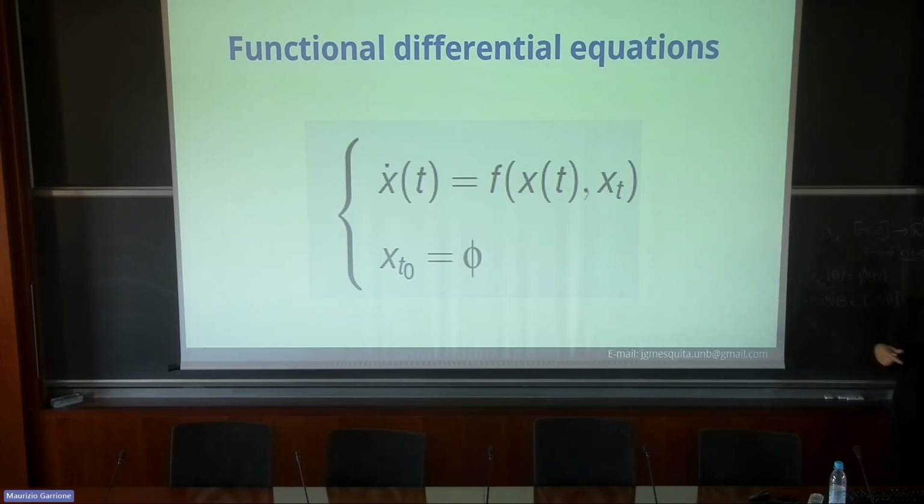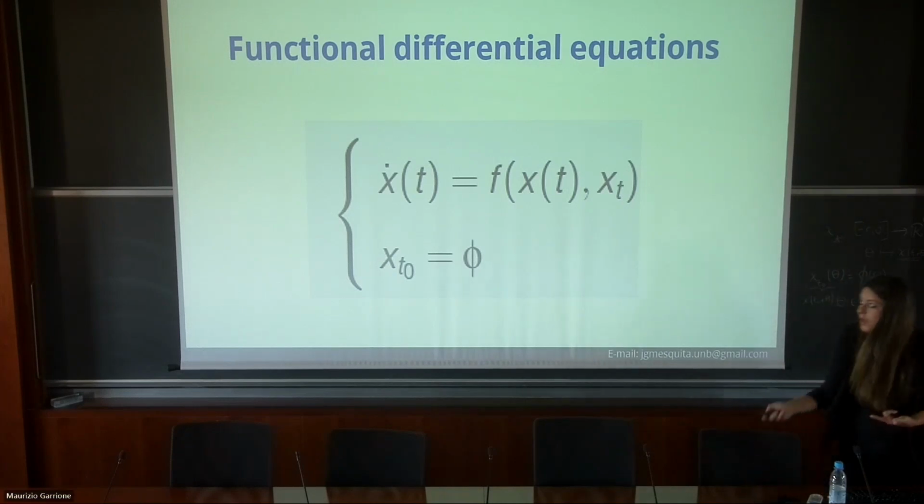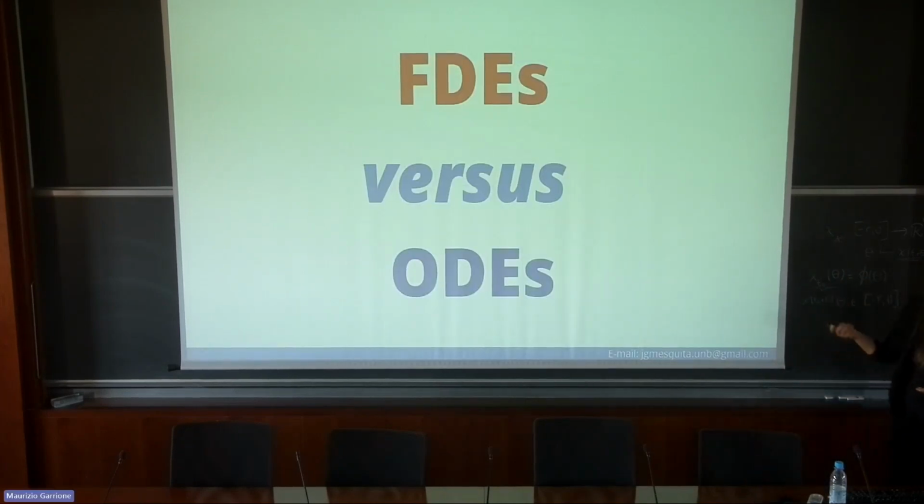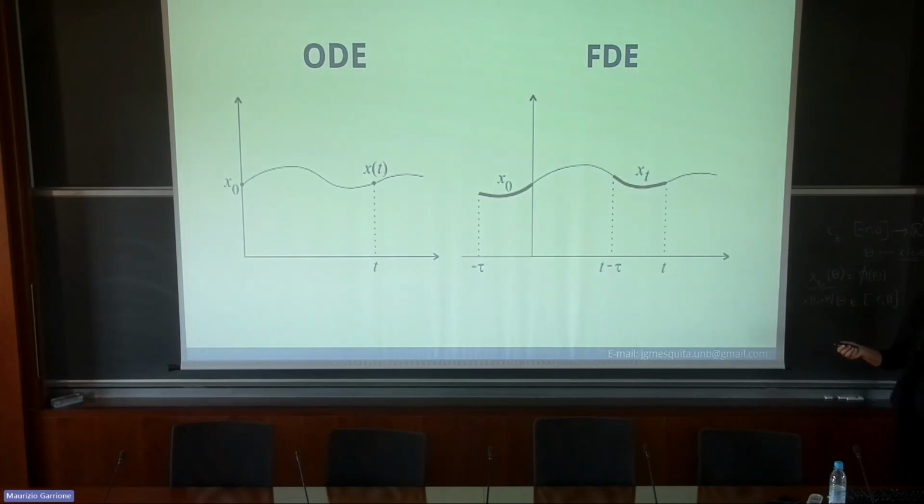It's different from ODEs, where you only need the initial condition and you can calculate the solution at any time. So it's completely different, because you need to iterate several times when you simulate.